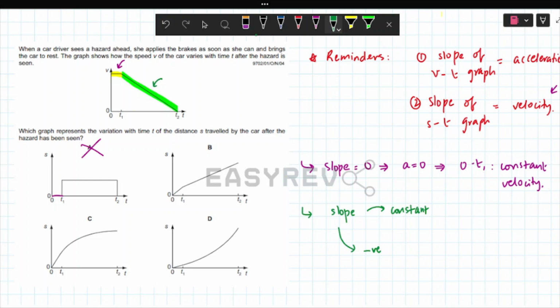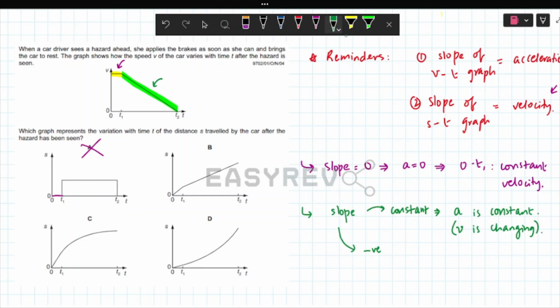Let's analyze these individually. When the slope is constant, that is to say that acceleration is non-zero and constant, meaning the velocity is no longer constant. In fact, the velocity is definitely changing.